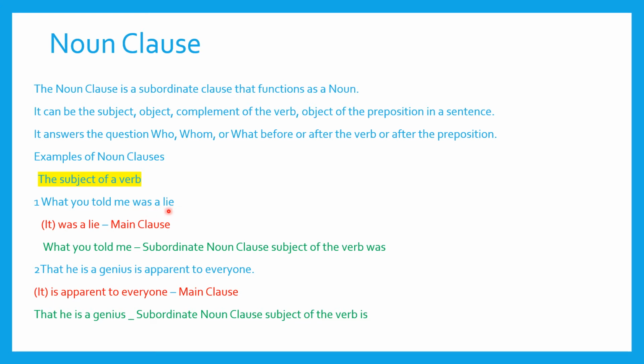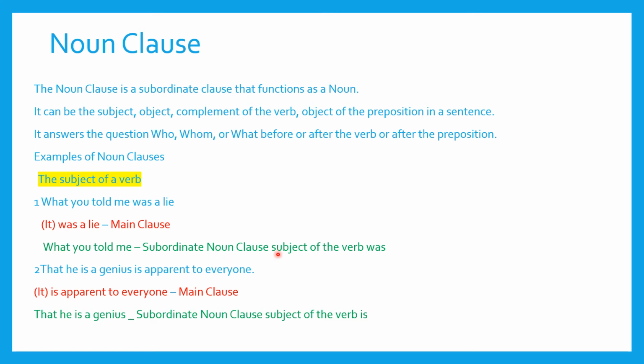So was a lie, this part of the sentence from the second verb, is the main clause. You have to assume the pronoun it. So you put it in brackets and it was a lie becomes the main clause. What you told me becomes the subordinate clause.